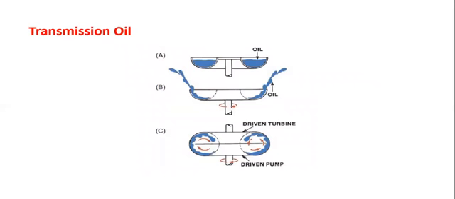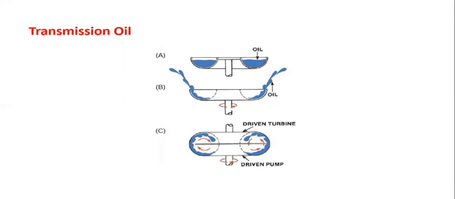Then every torque converter requires a transmission oil, which will be shown like this. When the engine runs, the fluid between the vanes in the impeller is thrown outward by centrifugal force. The fluid strikes the turbine vanes.